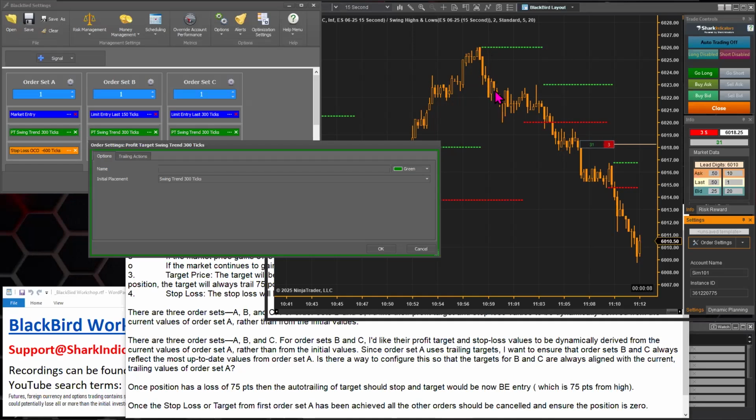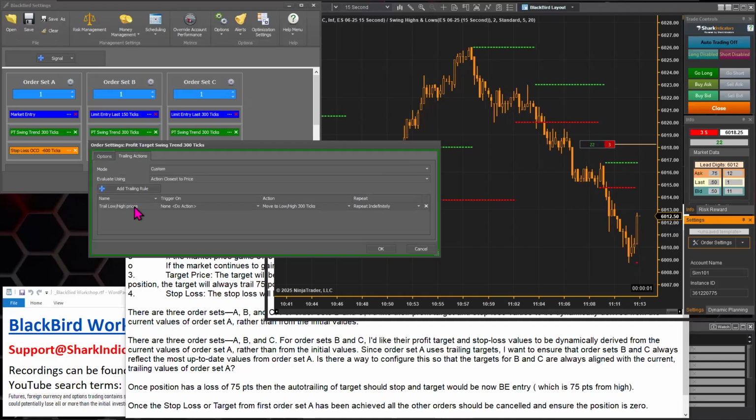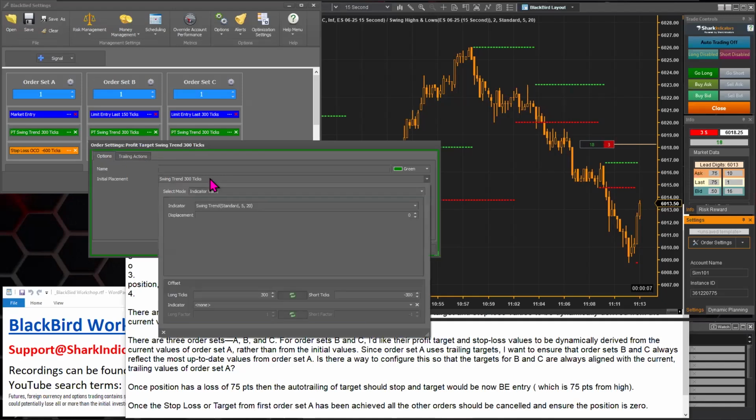So as price is pulling back, our high swing points are dropping down here, which temporarily, because the swing point prices are moving as prices move up and down, then for the initial placement, these profit targets might be out of sync for one bar, but then as soon as a bar closes, the trailing rules kick in, and the trailing rules are all the same, so that will resynchronize all the profit targets there.